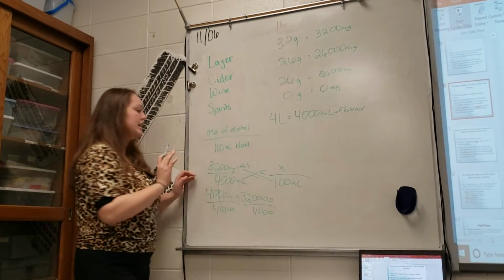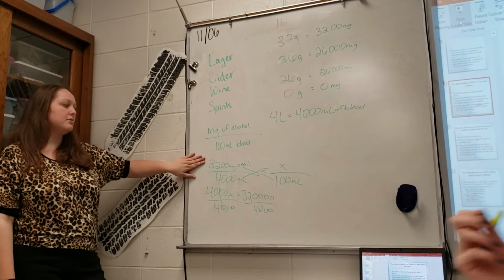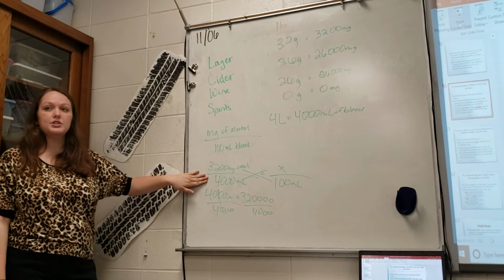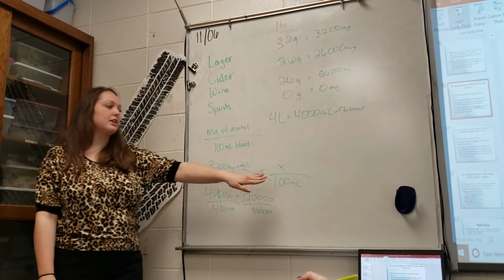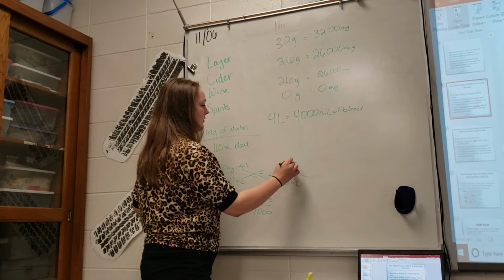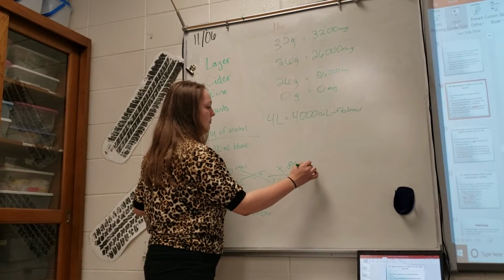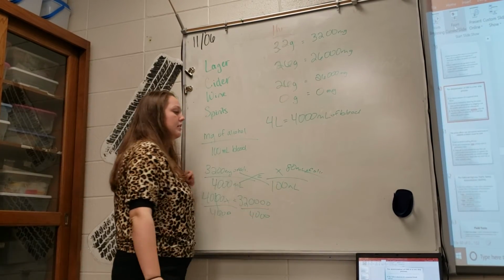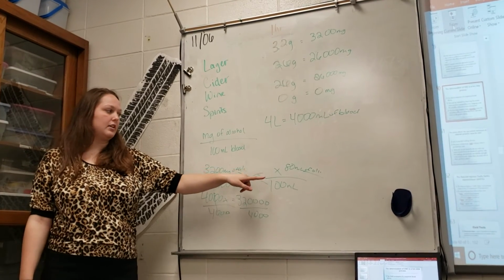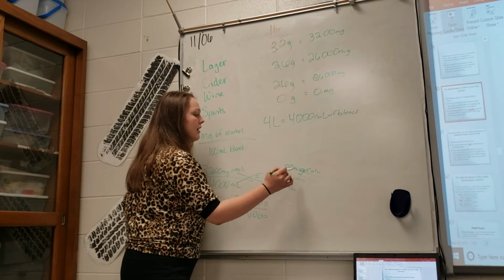So it's saying if you have 3,200 milligrams of alcohol in your entire body and your entire body has 4,000 milliliters of blood, if we took 100 milliliters of that blood, it's gonna have 80 milligrams of alcohol. Okay, so your answer is 80 over 100, and make sure that you put milligrams and milliliters.